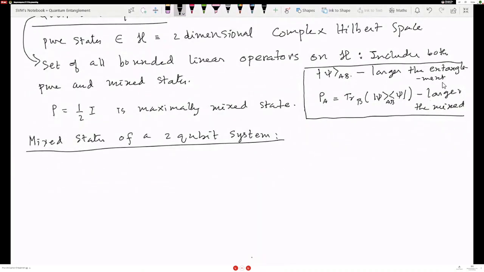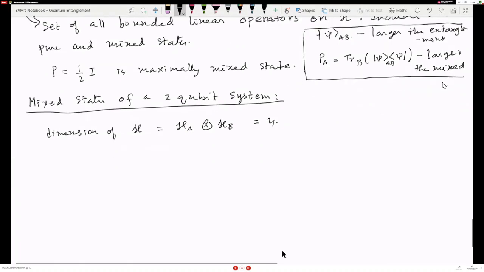So now mixed states of a 2-qubit system. The dimension of the Hilbert space is a tensor product of the individual Hilbert spaces HA and HB. So it is equal to 4. It's a 4-dimensional vector space.